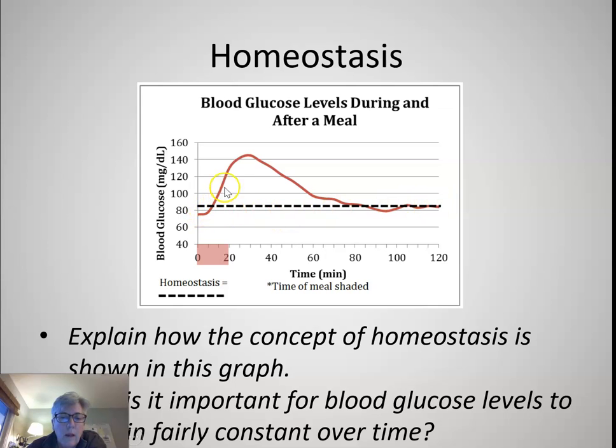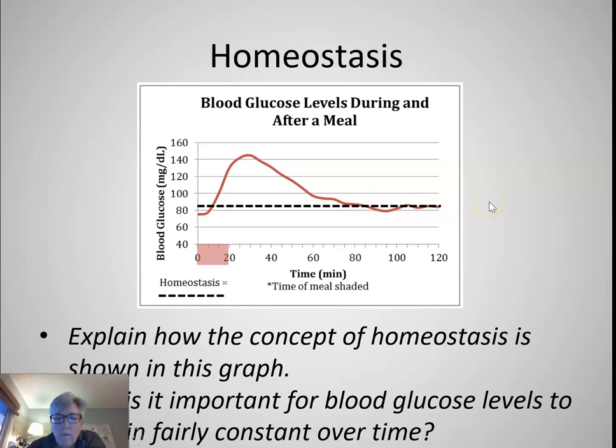But the red line is what happens to the blood glucose levels after a meal. So we start out pretty close to where we need to be, normal levels. We eat, and blood glucose spikes, and then it starts to come down again. So something is going on that's causing this glucose to go up, and then causing these glucose levels to come back down, and then maintaining homeostasis.